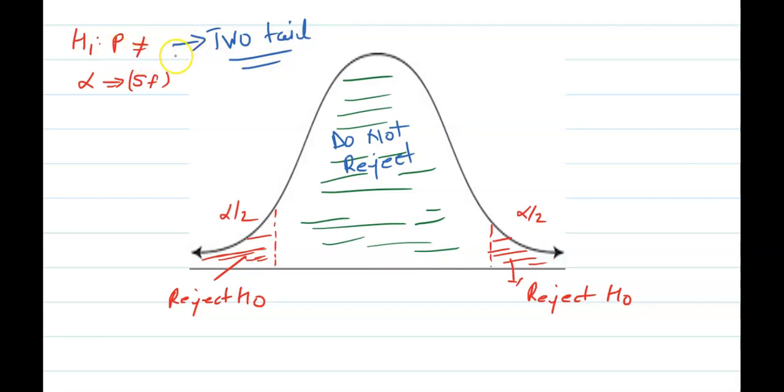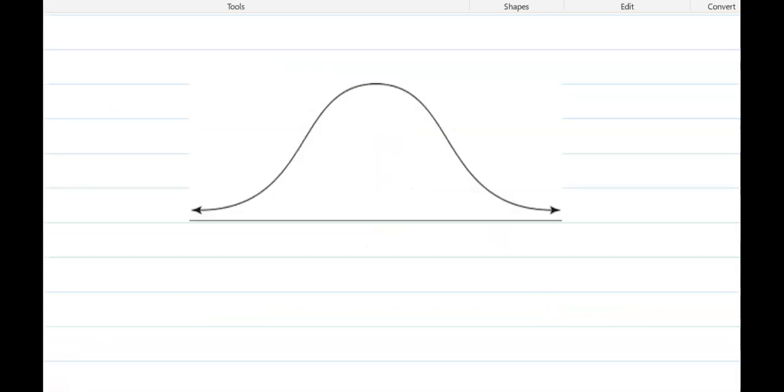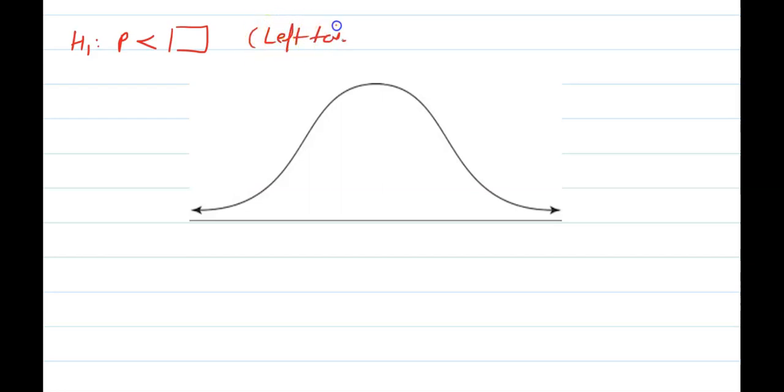Yeah, so let's go for another example. Okay, so if our alternate hypothesis is P less than something, then because it is towards the left-hand side, we can say it is a left tail test. In this case alpha is not going to be divided by 2, so this will be our alpha. This region is alpha.